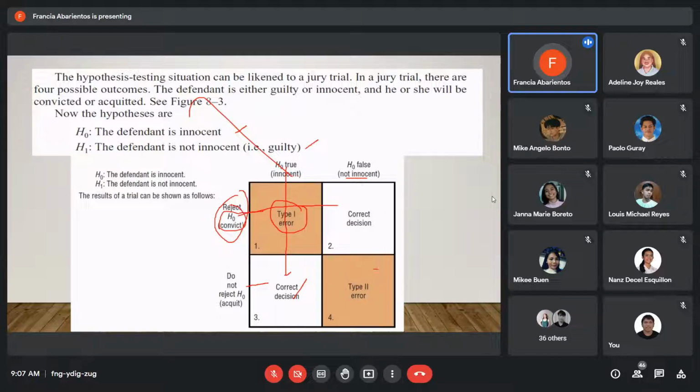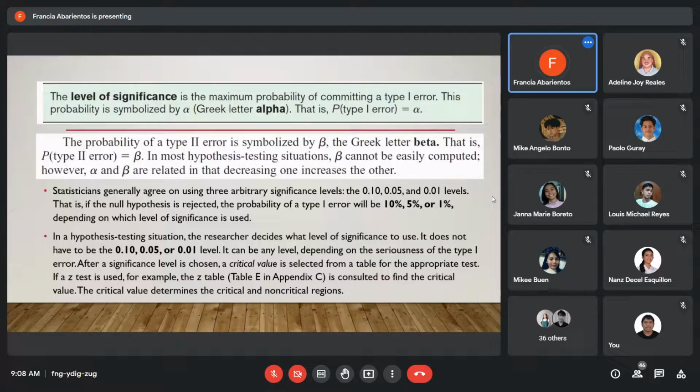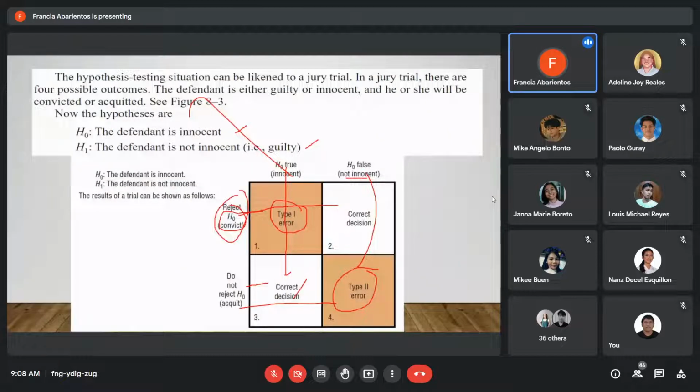As well as if you do not reject the H0, you acquitted him, and at the same time it is false that he is innocent, you will have the type 2 error. Okay? So, in the level of significance, we move on. This is just the errors that you can encounter when solving the different hypothesis testing. Okay.